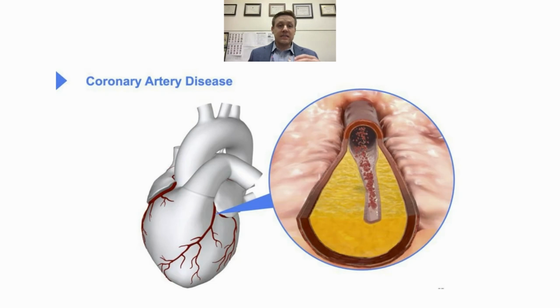And instead of being ischemic, meaning low on oxygen, you have none and you infarct, meaning that tissue necroses or dies from lack of oxygenation, and that's a myocardial infarct, or MI, or heart attack.